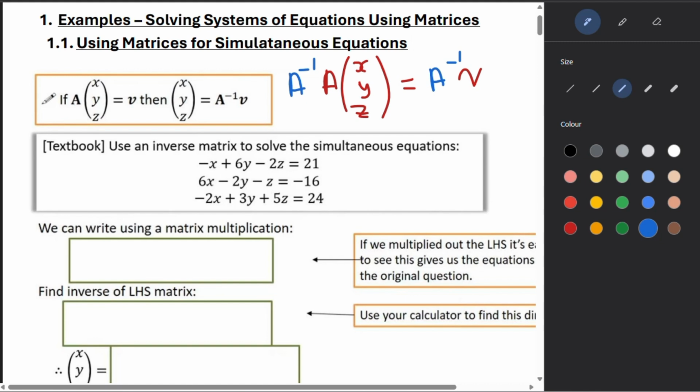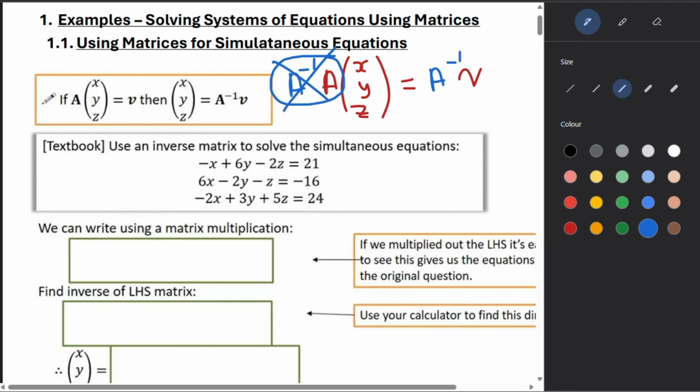And I need it on the left because I need these two to be next to each other. An inverse times its matrix is going to be the identity matrix, which is basically just 1. So we can get rid of that, and we have xyz is equal to the inverse of A multiplied by B.